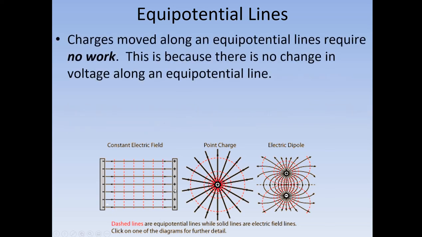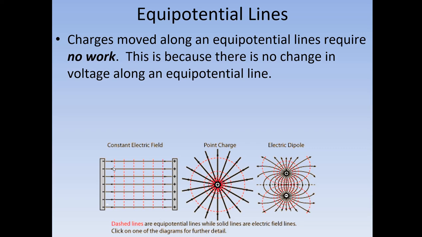They have a very specific unique characteristic, though: any object that's moved along an equipotential line requires no work. That's because we said before that work is done, energy is required, for an object to move from one potential to another. If you're not changing your potential, you don't need any work. This is very similar to lifting a book off the table, which requires work because you're changing the height of that object.